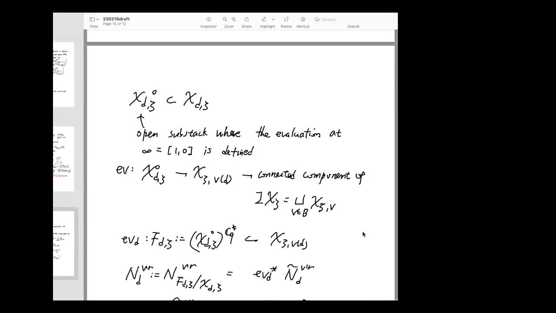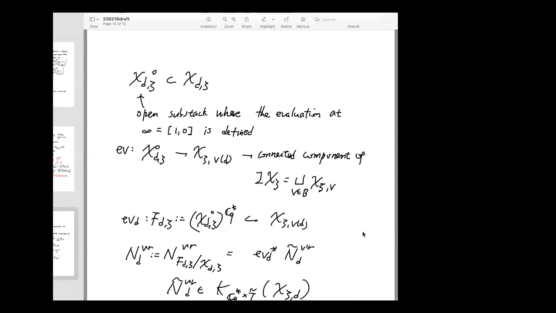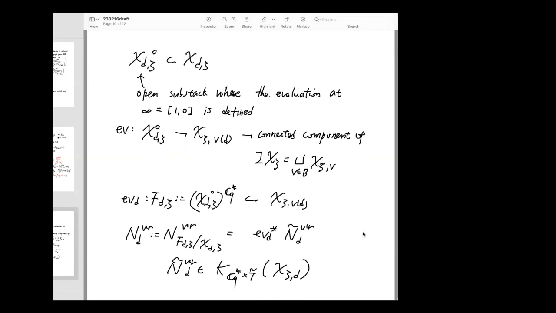The evaluation map restricted to this becomes an embedding of this closed toric substack. And so let N virtual D be the virtual normal bundle, and it has a natural extension to the ambient X.